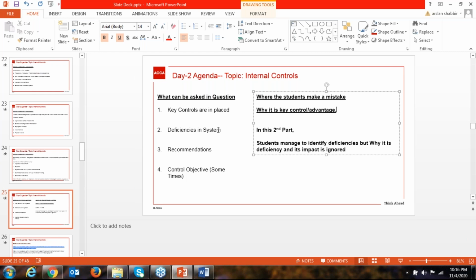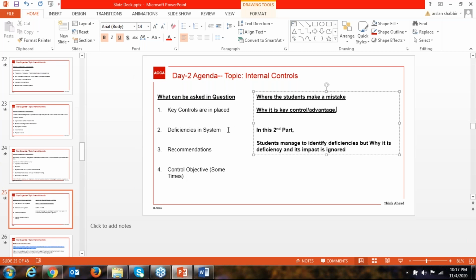So you need to give the recommendation as a consultant or auditor: segregation of duties should be applied so that roles and responsibilities are separated to prevent error and fraud.